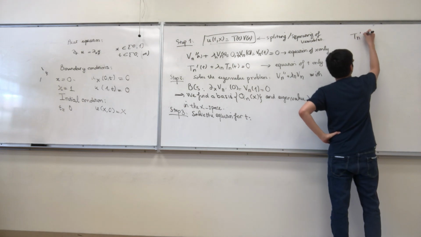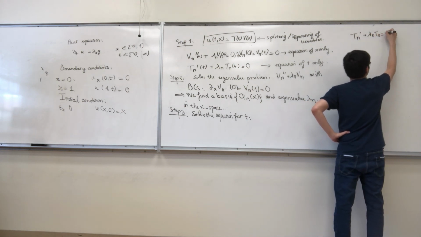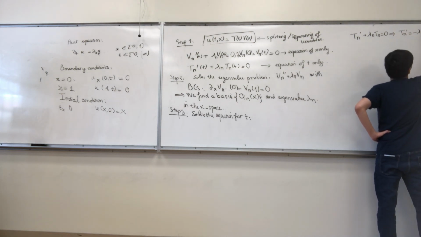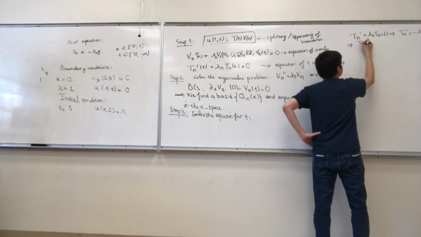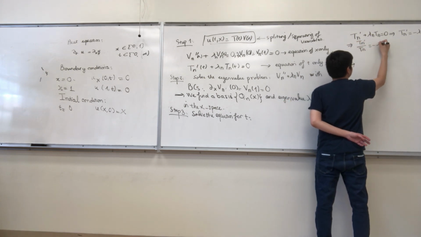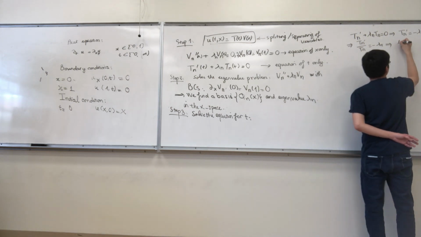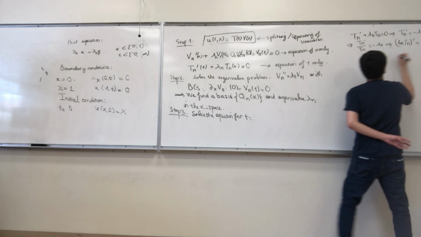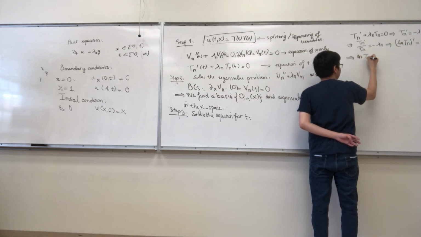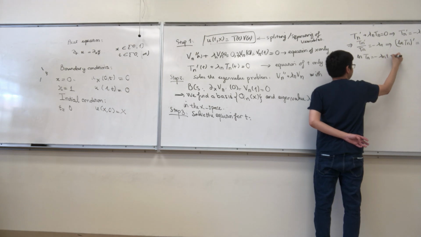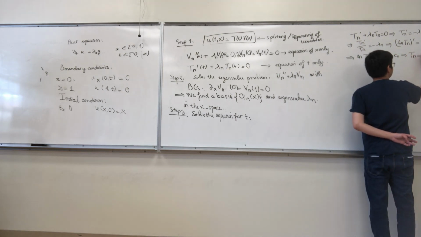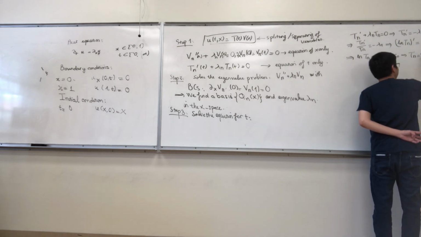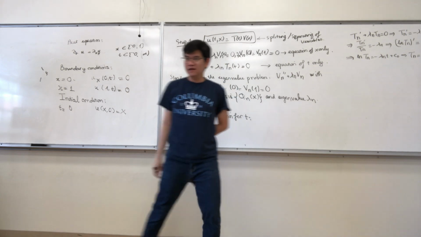So you have Tn prime plus lambda n Tn is 0, which means that Tn prime is minus lambda Tn, and this means that Tn prime over Tn is equal to minus lambda, and this means that log of Tn is minus lambda n t plus C0. So Tn is C times e to the power minus lambda t. So I can forget about the C, but I'm gonna come back to the C later, right?